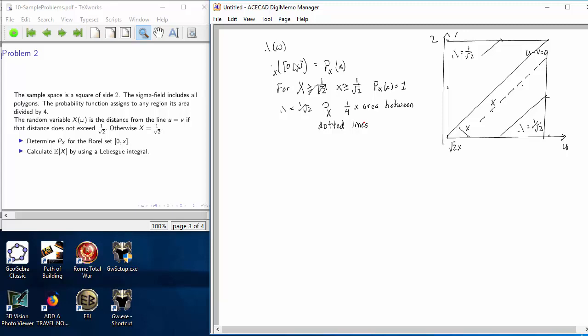Here's the other one up here. So you get the idea? I pick a little x. If little x is less than 1 over root 2, then since the probability of being in a region of this square is proportional to the area of that region, the probability is equal to the area of this region divided by 4, the total area of the square.